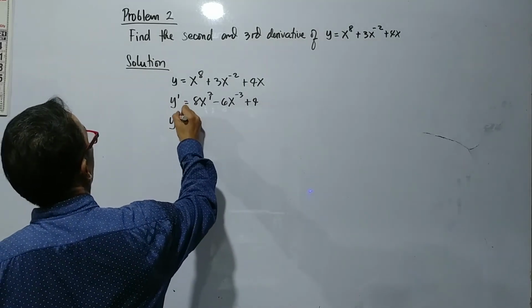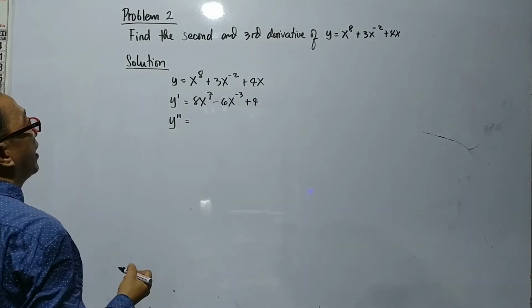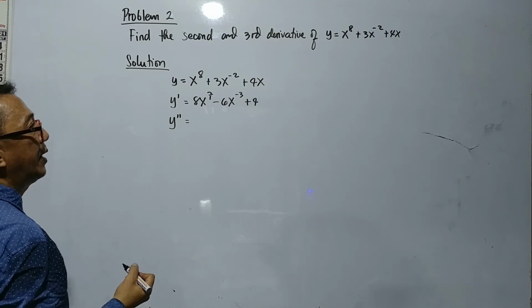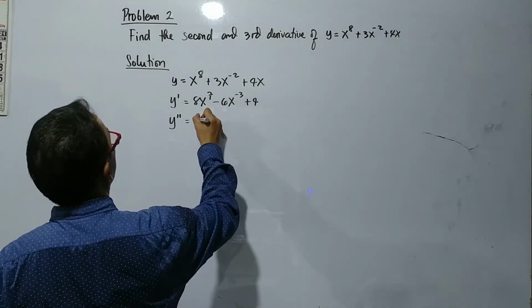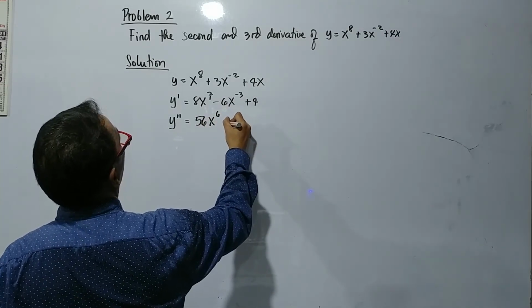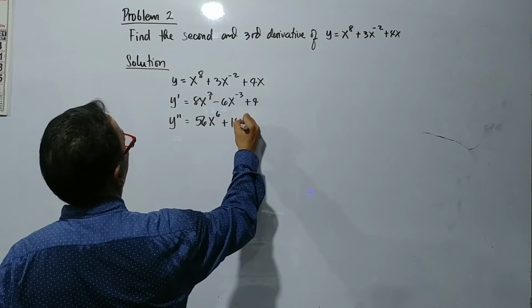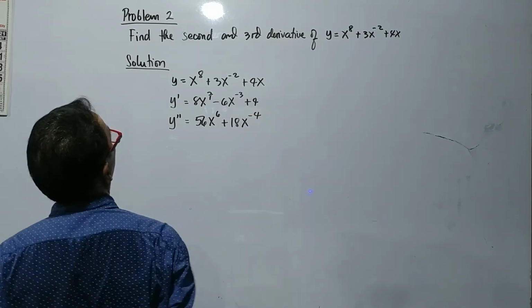Our second derivative is 8 times 7, which is 56, plus 18x to the negative 4.